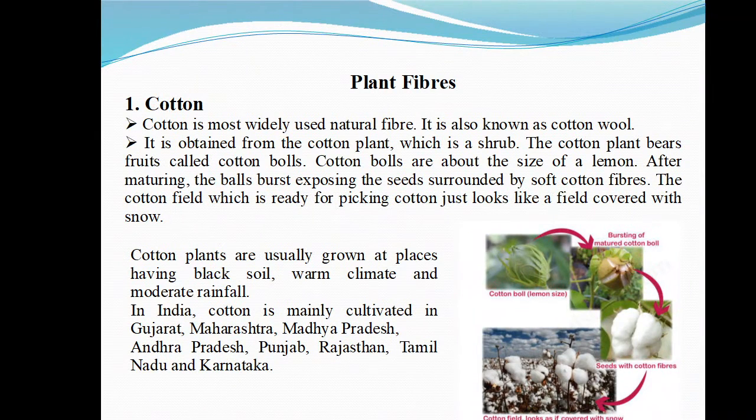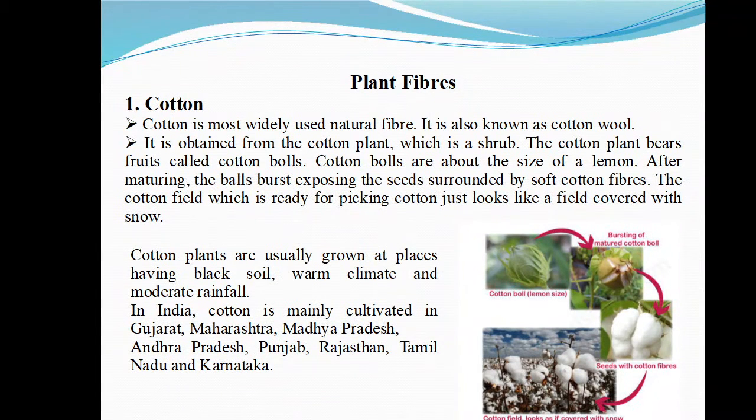Cotton plants usually grow at places having black soil, warm climate, and moderate rainfall. So basically it grows in a humid kind of environment.